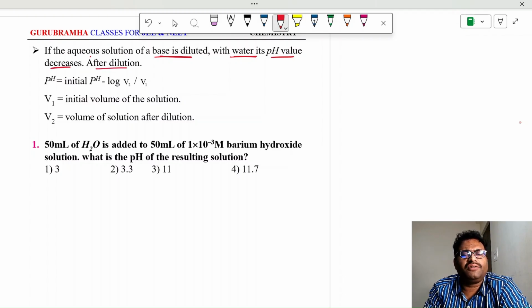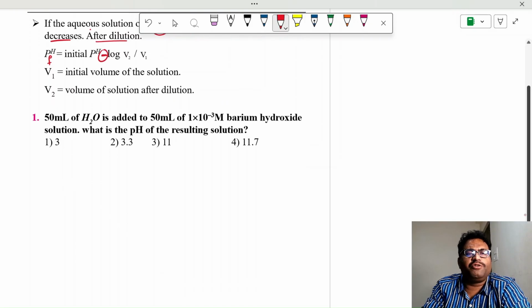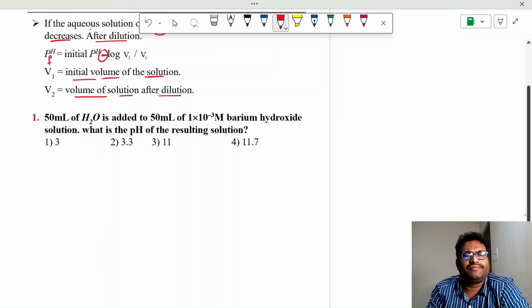So this is for a base. Before, we spoke about an acid. For a base, pH final is equal to pH initial minus log V2 by V1. Here V2 means the volume of the solution after dilution, and V1 is the initial volume of the solution.